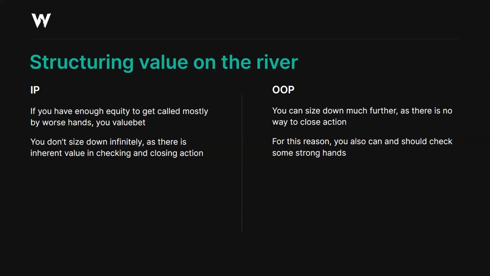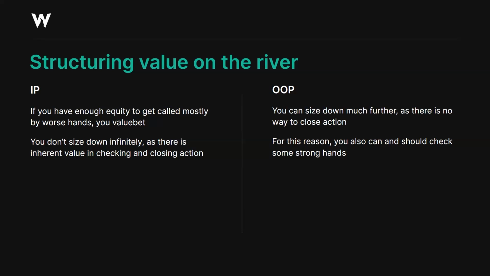Out of position, though, that's not the case. There's basically no way to close action, whether you bet or you check, unless the SPR is so small that you can shove. That's a way to end the action. But whether you bet or you check, your opponent can reopen by raising or by betting in case you check.